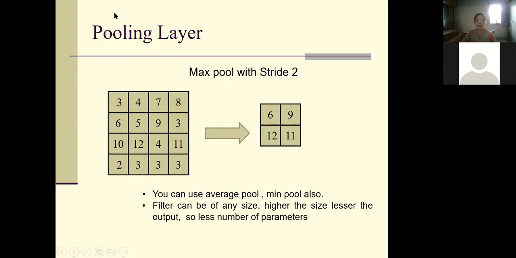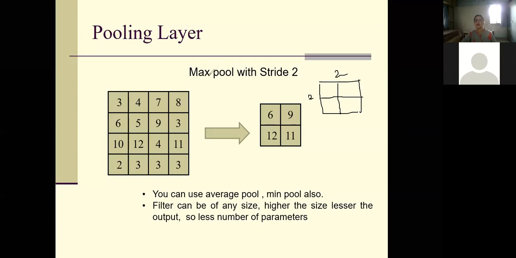The pooling mask size is, for most applications, 2 by 2. And there are various types of pooling operations.